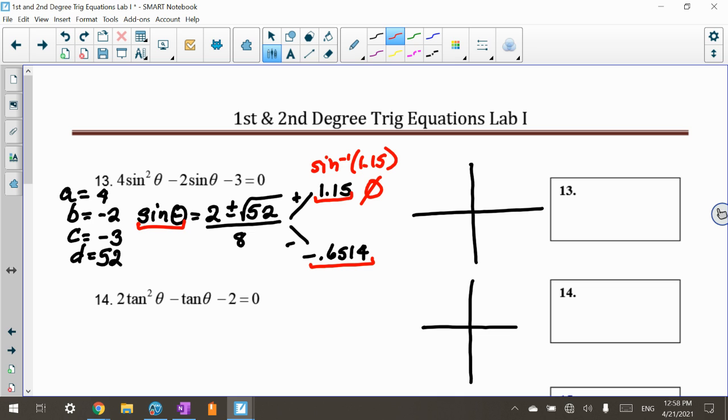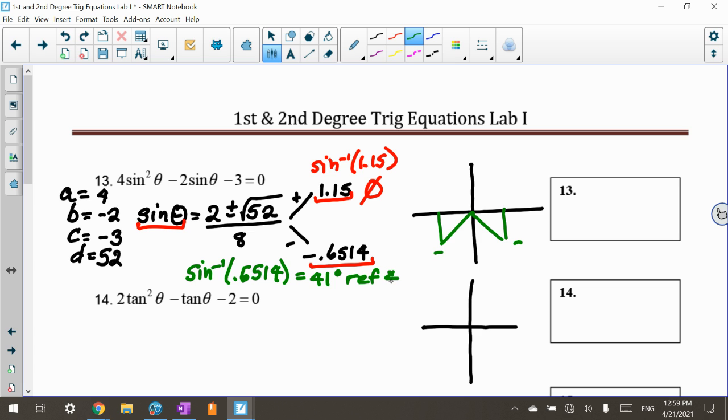Now this one's negative. Sine is negative in quadrants 3 and 4 because it's my y. So I'm not going to put the negative in my calculator. What I want you to do is put the positive in and find your reference angle. So I'm going to do inverse sine of my positive 0.6514. When I put that in my calculator, I get 41 degrees, and this is a reference angle.